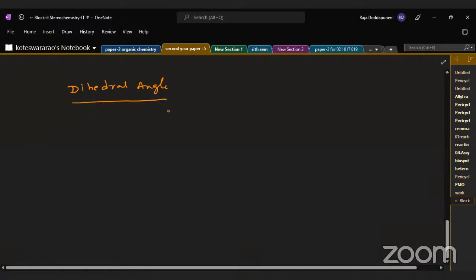Now, you can consider a molecule given in your book and also in your course material. Suppose this is the molecule, a two-carbon molecule, an ethane-like molecule.